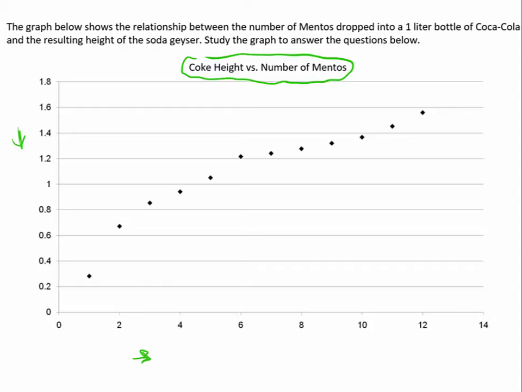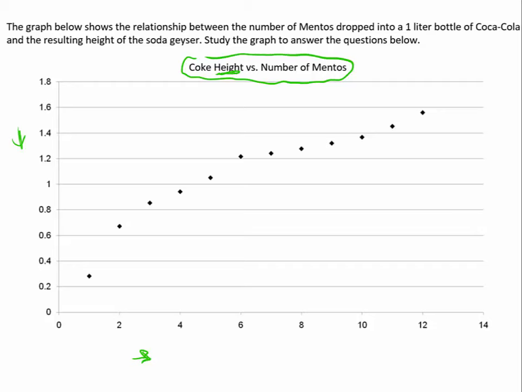So if you think for a minute, they are changing the number of Mentos incrementally. Alright, so they're just adding one more every single time. And they are measuring the height. The height is what they are interested in. So that dependent variable is what you are interested in observing. The number of Mentos just kept on increasing.